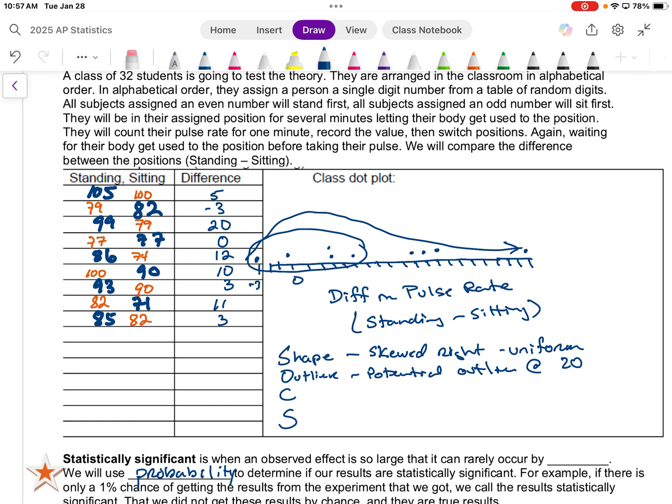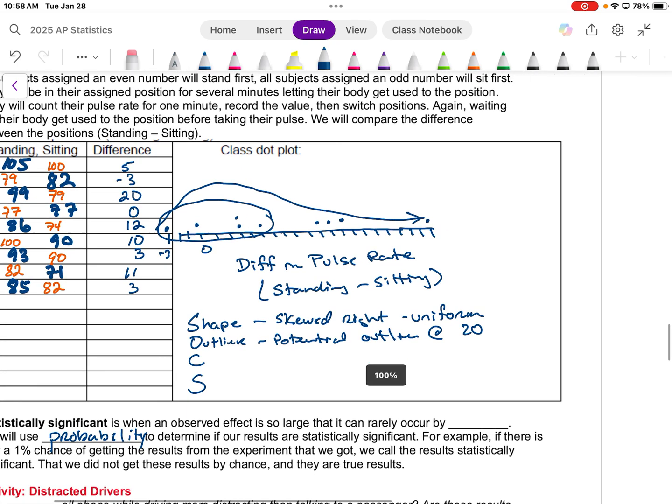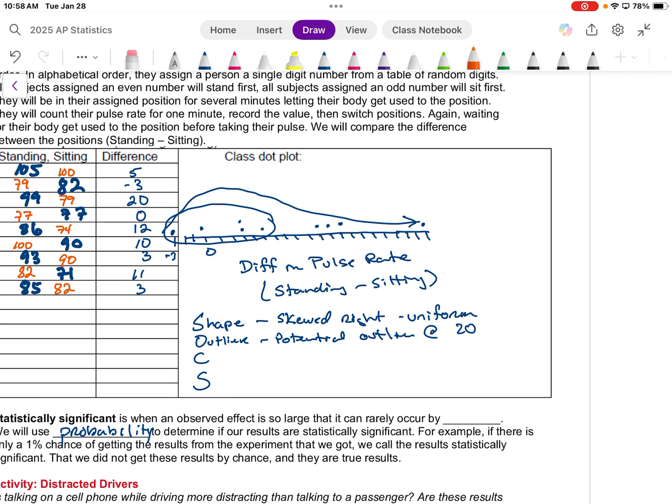What would I do to check to see if it was numerically an outlier? What could I do? Did we forget that fast? Yeah, the 1.5 times IQR rule. That's what I should do.